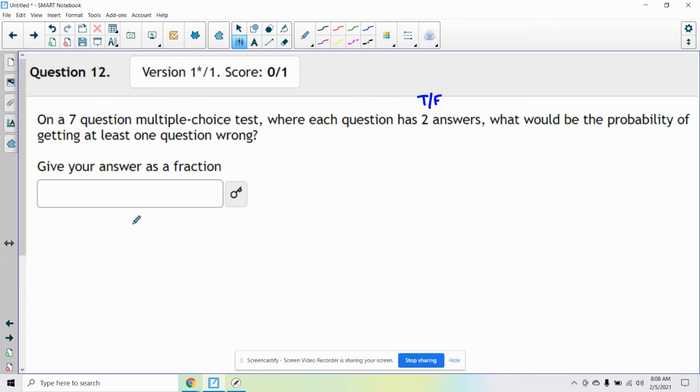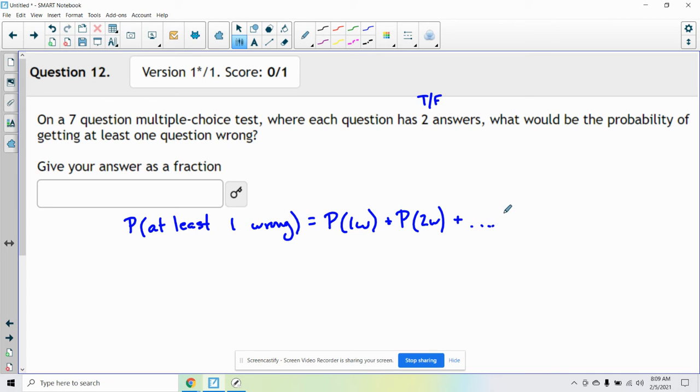So this is kind of a weird question because if I said the probability of at least one, that means I have to find the probability of 1 wrong plus the probability of 2 wrong plus the probability of 3 plus the probability all the way up to the probability of all 7 wrong.